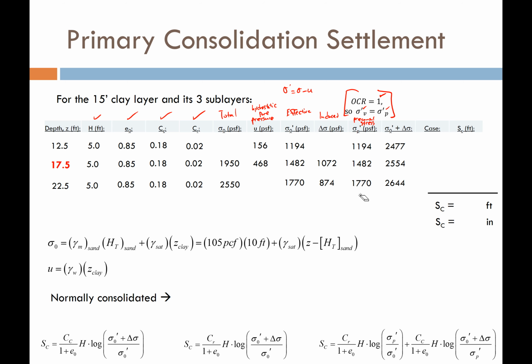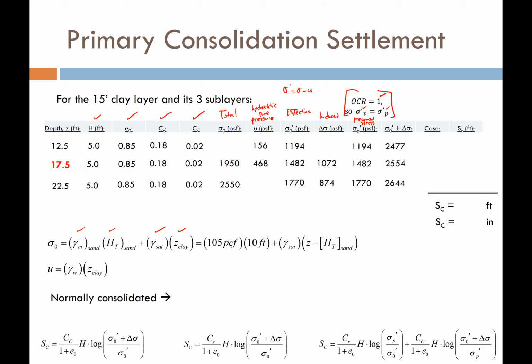Okay, so let's start. You can see I already took the liberty of filling in the missing depth for my second sublayer. This is depth below the ground surface. When I'm computing total stress for the first layer, that's just going to be the moist unit weight of the sand times the thickness of the sand plus the saturated unit weight of the clay times the thickness of the clay down to the center of the first sublayer.